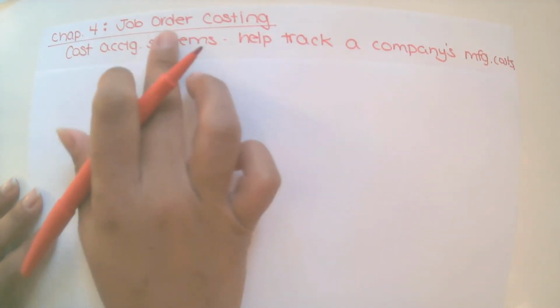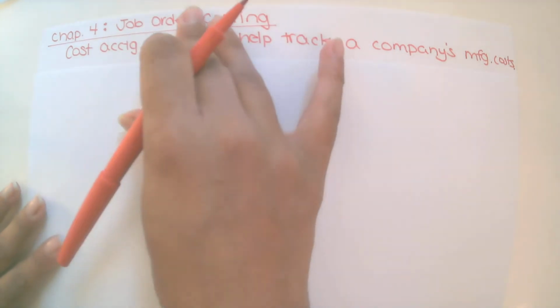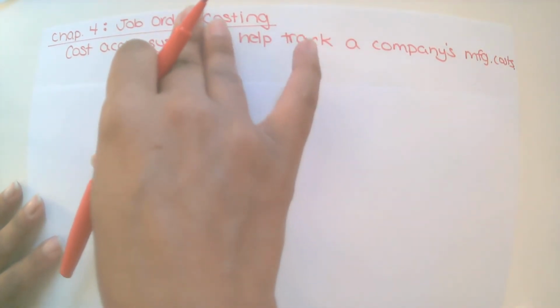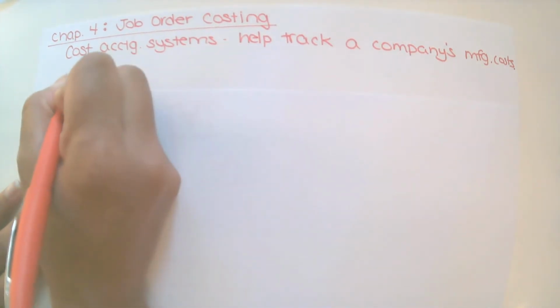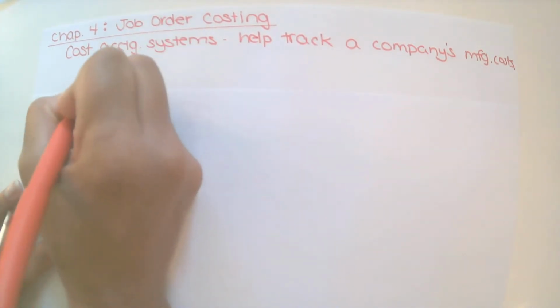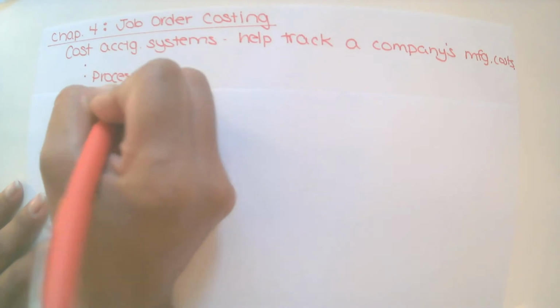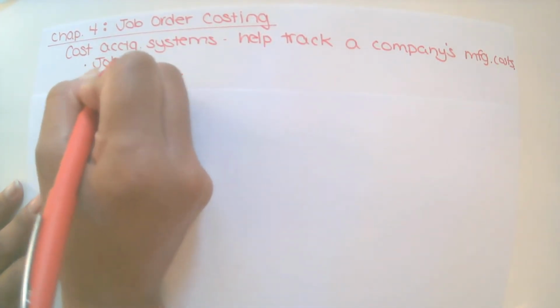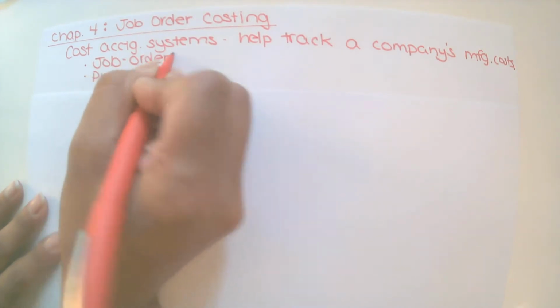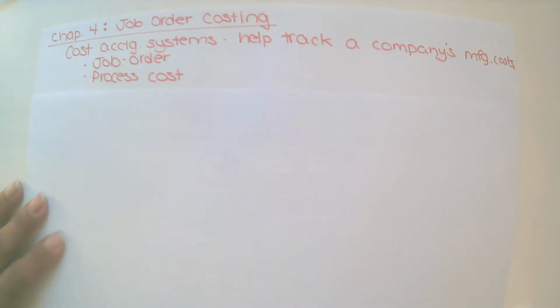You can guess what one of them is right there, job order costing. The other one we have seen ever so briefly in your first manufacturing reports that you guys did. It was process cost accounting systems, and the first one is job order cost accounting systems.